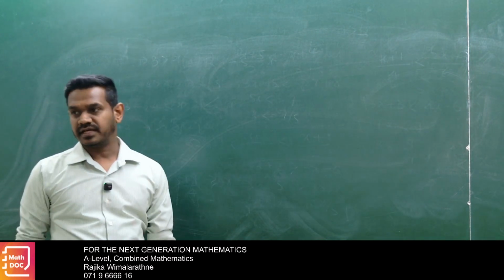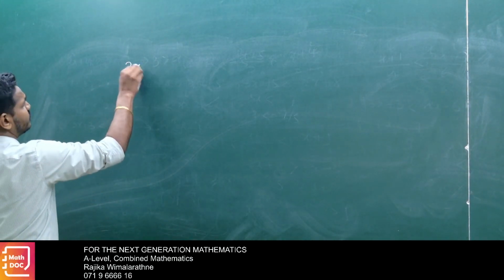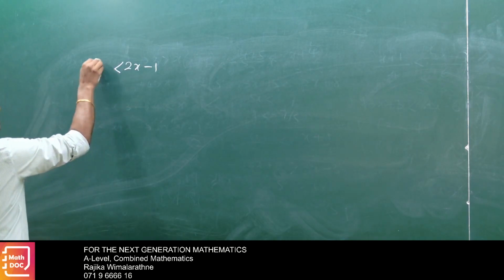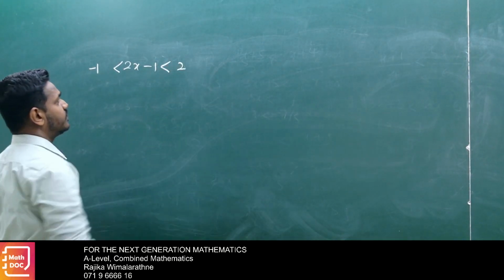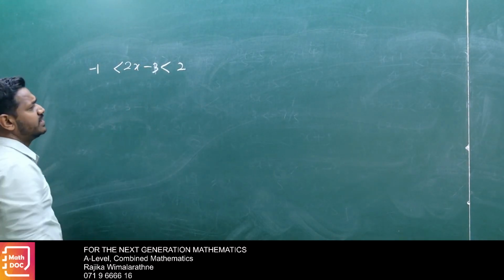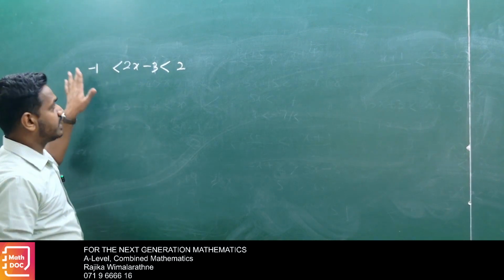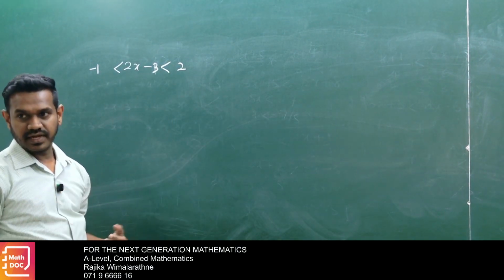Okay, check this. I'll do examples. Here 2x minus 3 in between minus 1 to 2. This is a double inequality type. So we have one inequality and another inequality, combined into one.